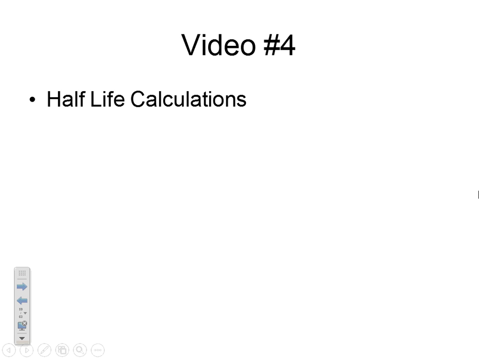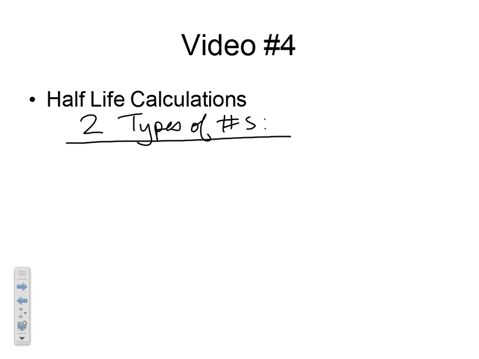But before I get started with the sample problem, a half-life problem will always give you two types of numbers, two types of data. The two types of data are mass or amount. They'll give you mass numbers, they'll give you amount values, and they'll also give you time values. And you need to categorize them accordingly.